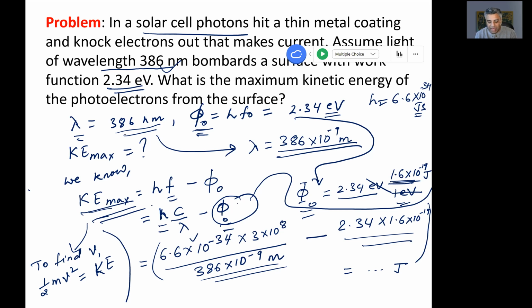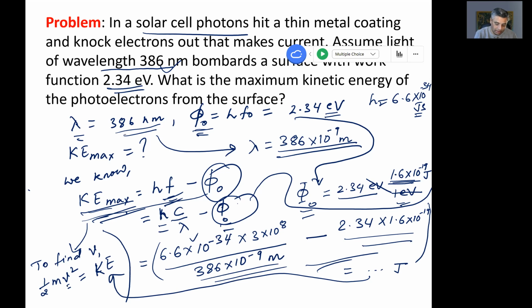So for the KE max, the maximum speed the electron can come out with depends on this frequency and the work function. And we calculated that. Now we can use that number here and solve for speed. And the mass of electron, you can find that, right? It is on the order of 10 to the power negative 31. So it's a tiny, tiny thing, okay? So that's how this thing works out.